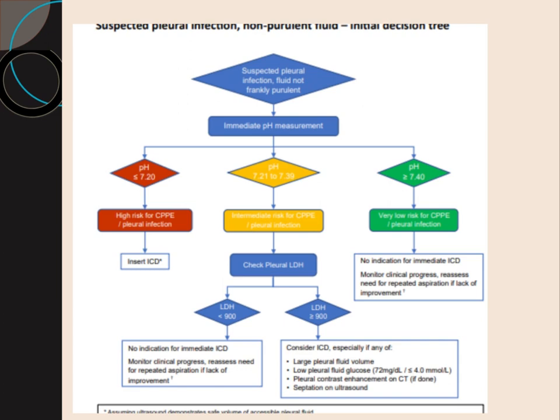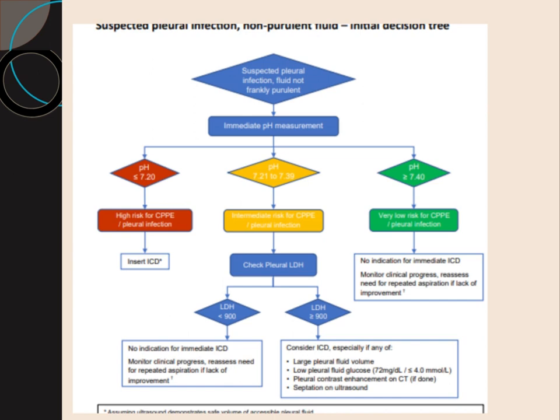You can look at pleural fluid LDH levels as well, because once you have aspirated, you have already sent the fluid for analysis, and if LDH is more than 900, you need to intervene. If pH is less than 7.2, intercostal drain. If it is intermediate risk, 7.21 to 7.39, look at the LDH and inflammatory marker patterns. If it is suspicious of empyema or complex parapneumonic effusion, you need to insert an ICD at that level.